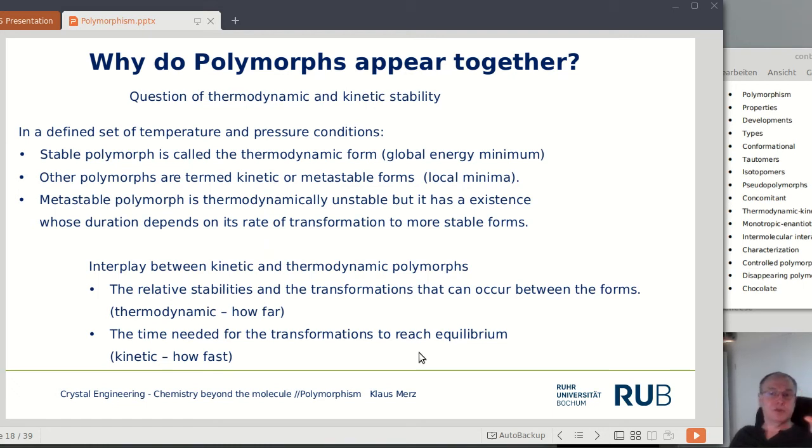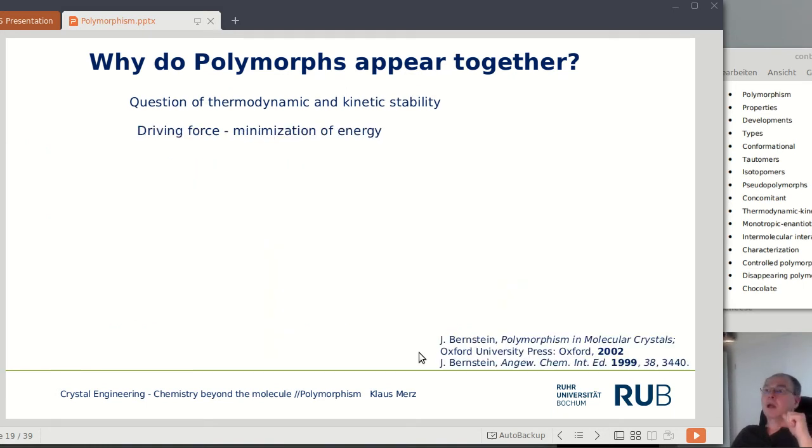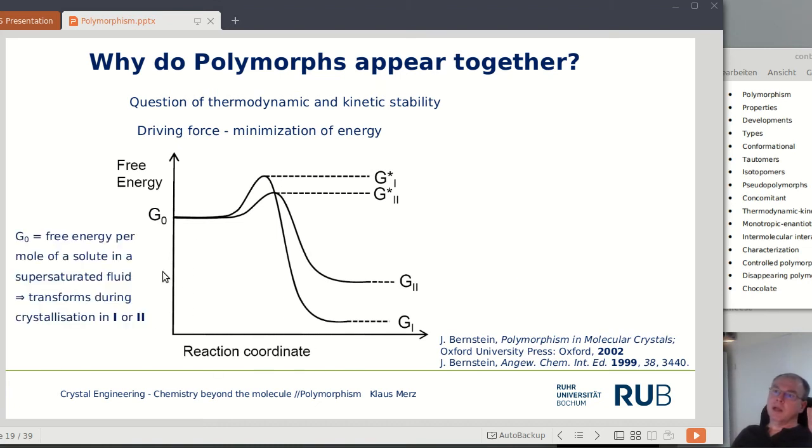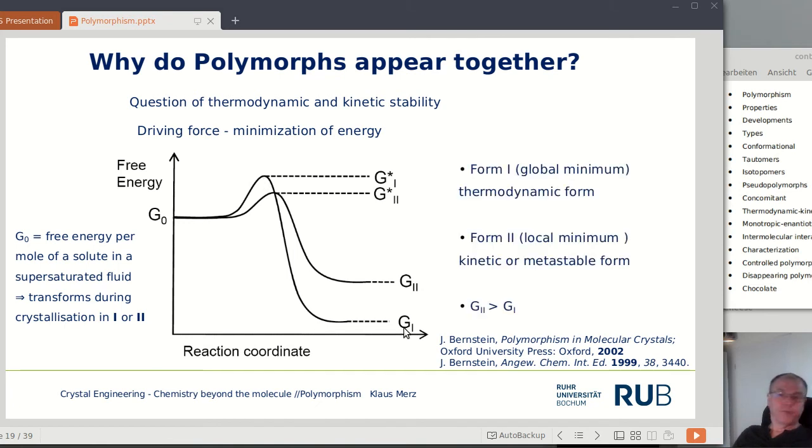Playing with these two types, you can see this very nicely. I think each student has seen something like this, the reaction coordinate with free energy. And you have two different forms. We're starting here where you have two possibilities. When I'm starting here, G1 has a higher energy transition state, but forms the more stable polymorph.